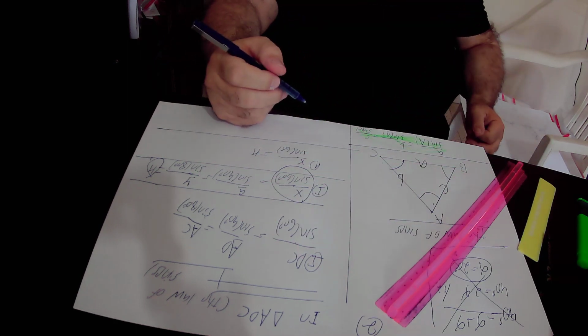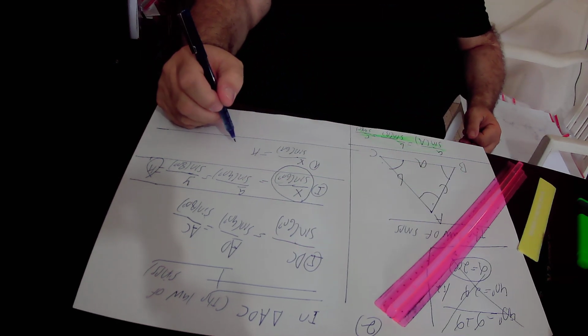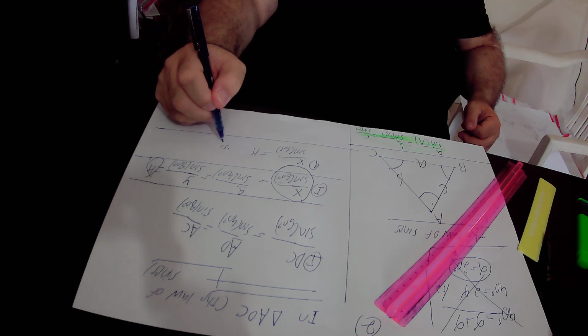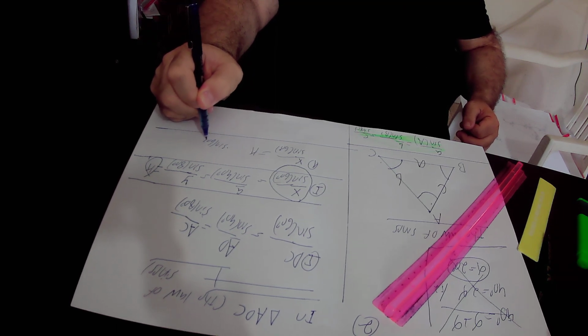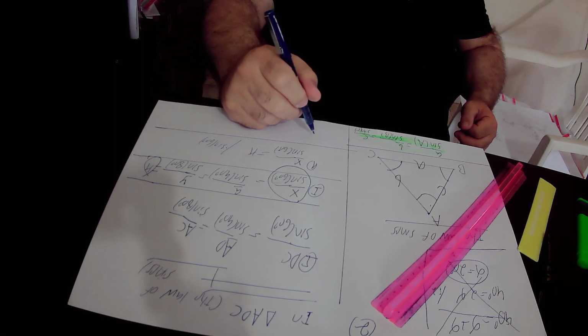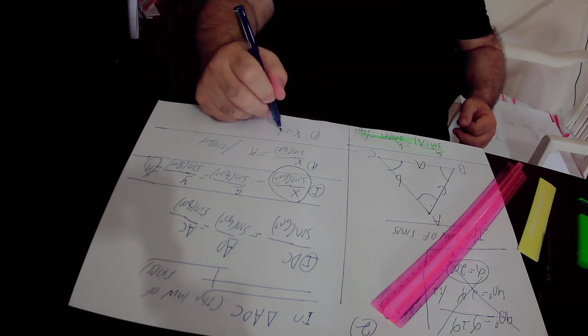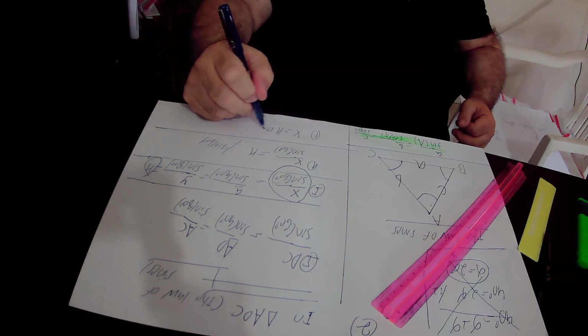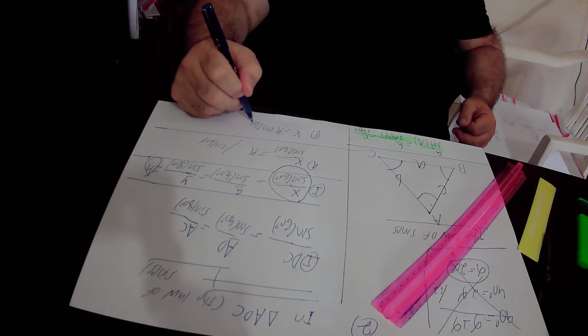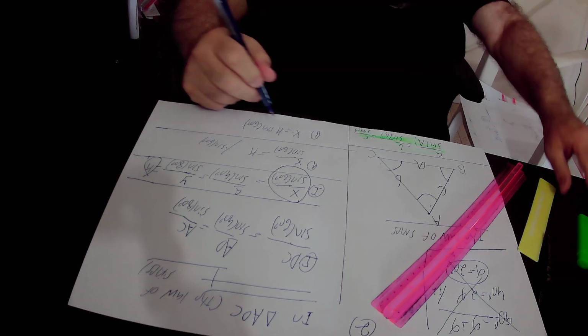So here we will multiply equation number 1 by sine 60 degrees, and we get that x equals k times sine 60 degrees. Okay?